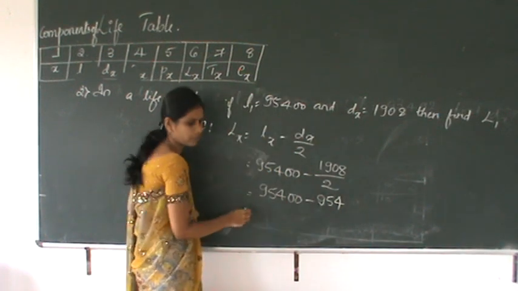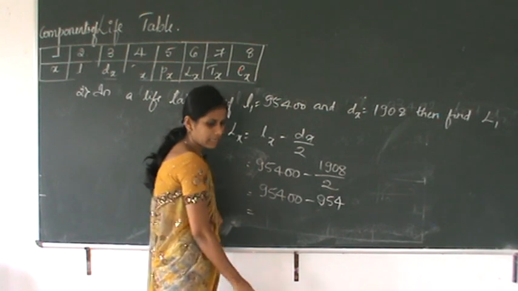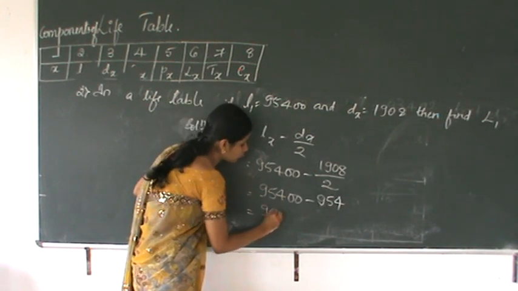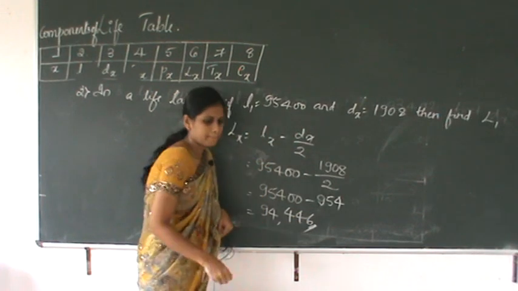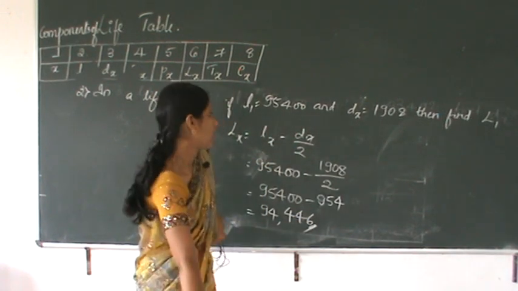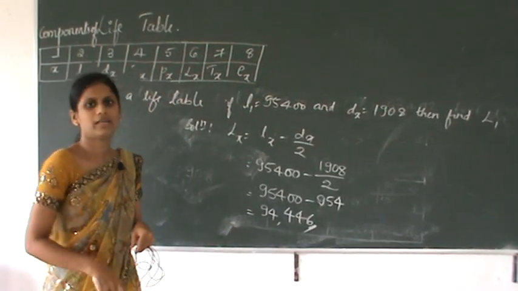That is 954. 95,400 minus 954 comes to 94,446. This is how we are going to calculate the problems on life table.